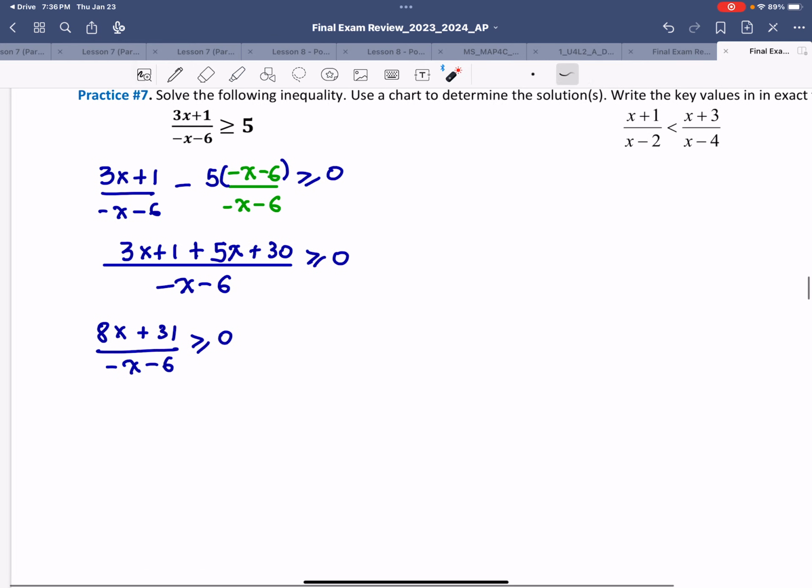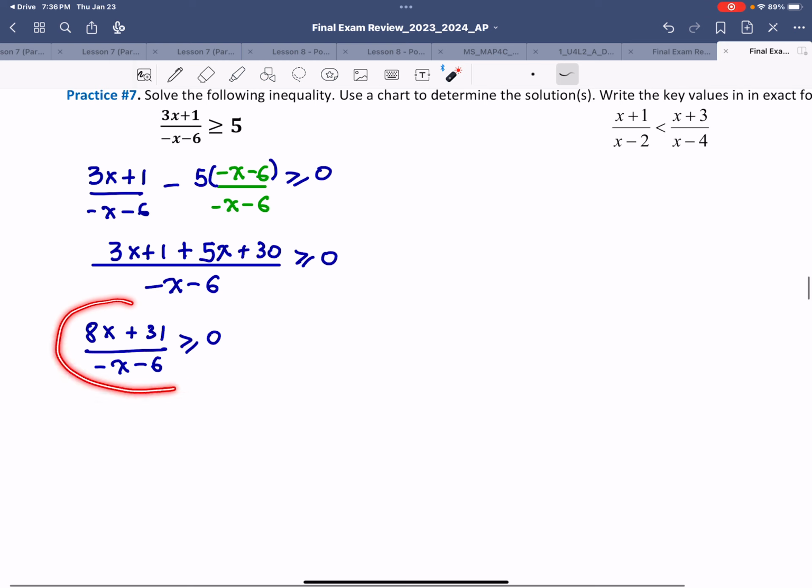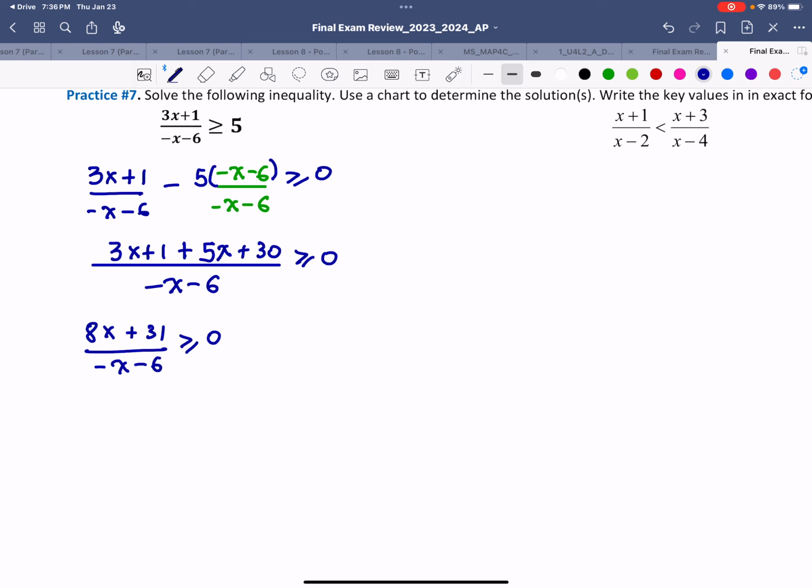So once you have simplified the rational inequality into a single rational expression on one side and 0 on the other side, we will have to find the zeros of both numerator and denominator. We have a linear expression here, so that's easy to find the zeros of. So we have x equals negative 31 over 8.